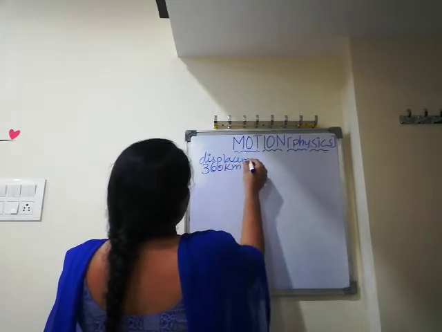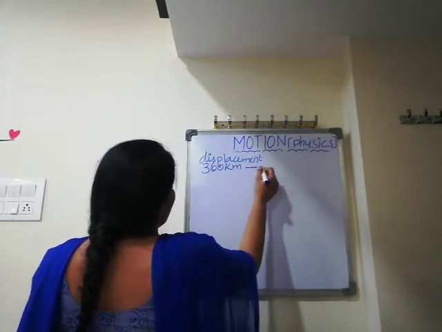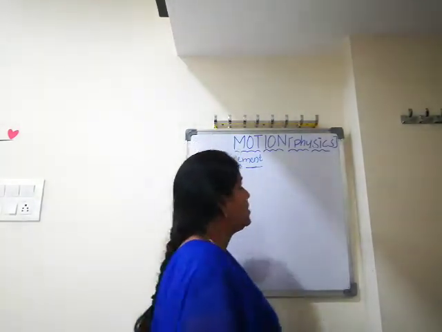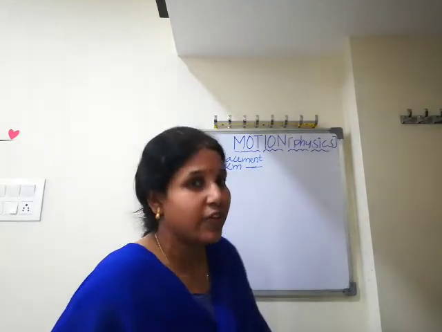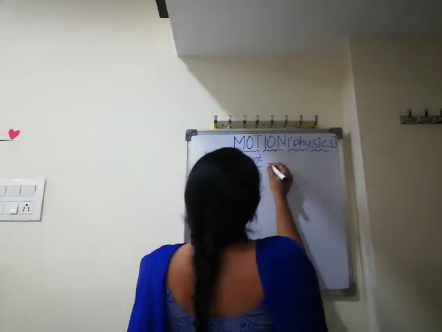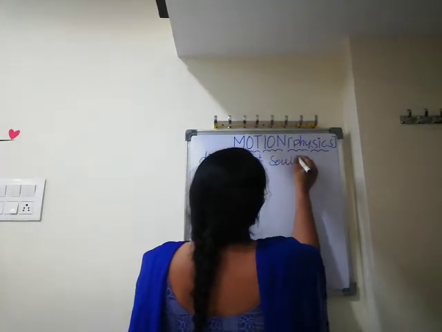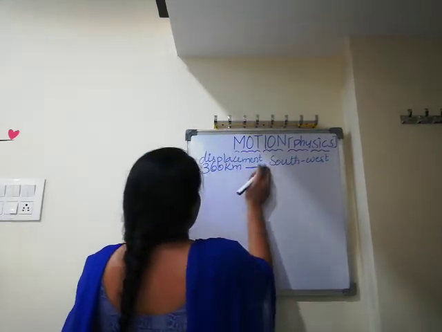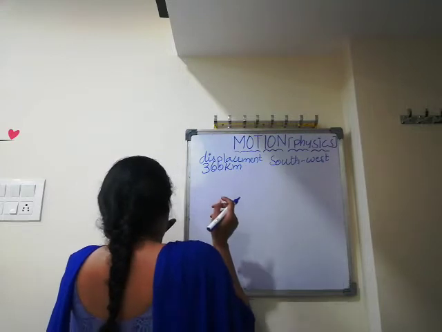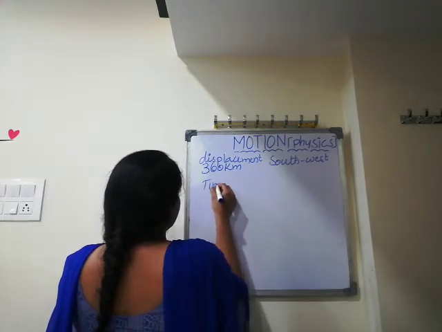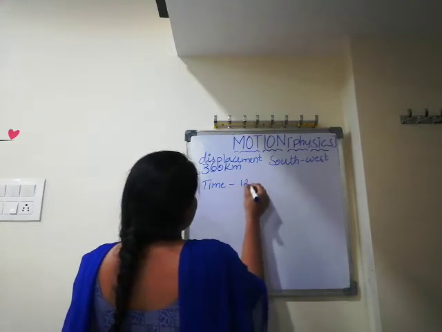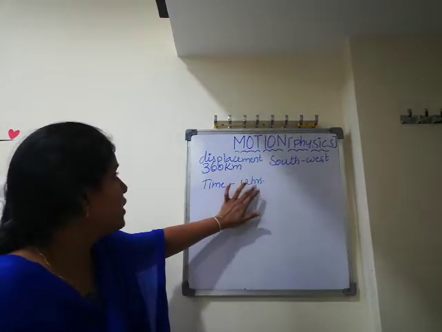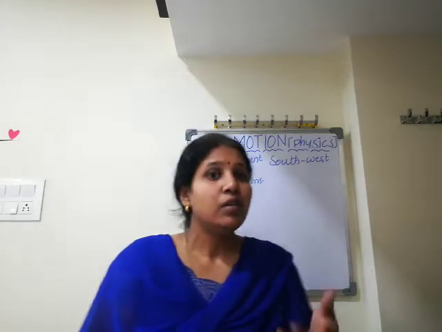Already we know that displacement will have a particular direction, and the direction is also mentioned, that is due southwest. Displacement of the train in the southwest direction is given as 360 kilometers and the time taken by the train is given as 12 hours. In 12 hours, the displacement of the train, how much, children?